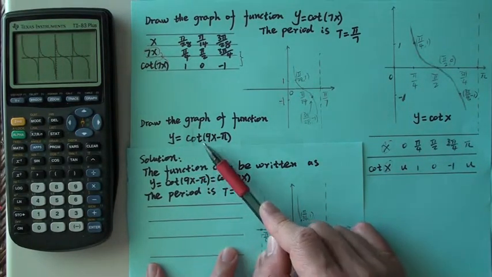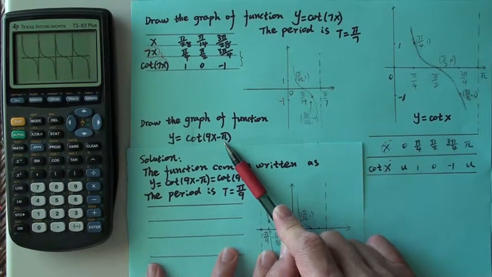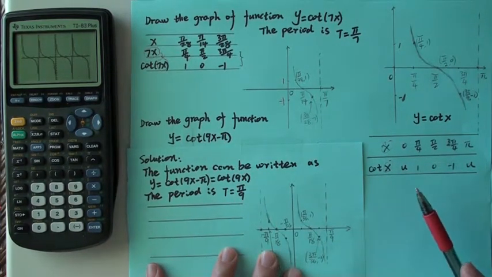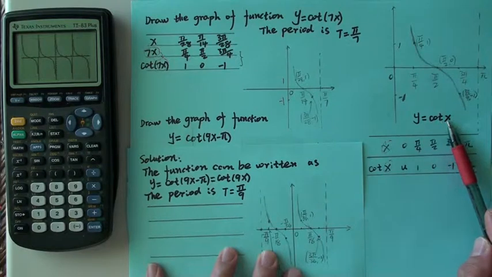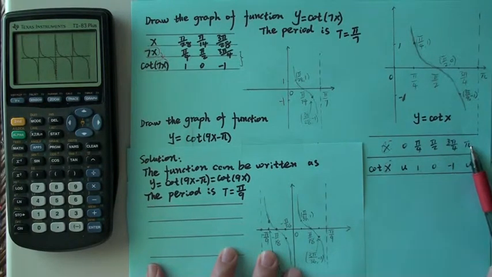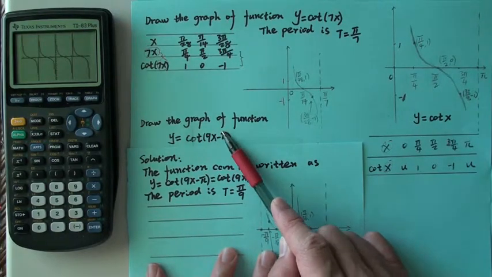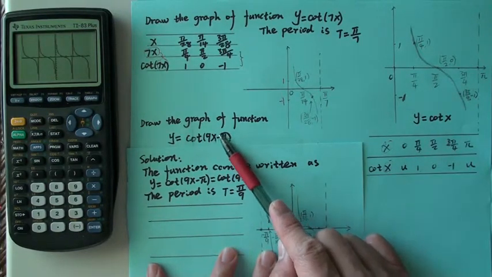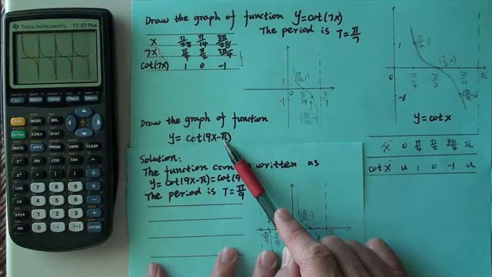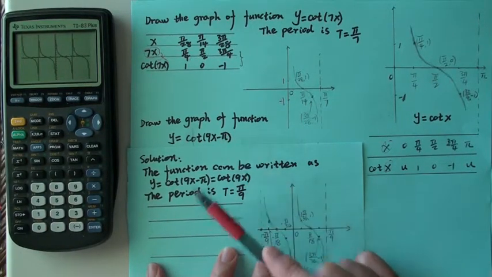Now, let's draw the graph of the second example. y equals cotangent of 9x minus pi. Remember, cotangent has the period pi. So this minus pi, we basically don't need, because subtracting pi is subtracting one period.